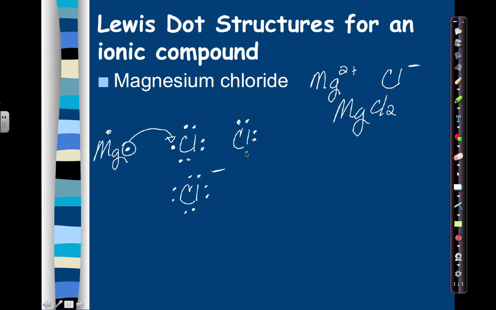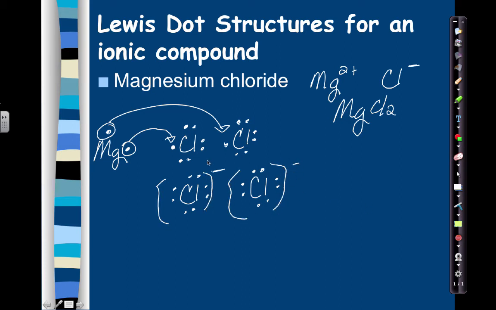And chlorine should have 7 valence electrons, like this one right here. And this electron can get transferred here. So then what I have is another chlorine ion. And now it has 8 electrons. And it has a -1 charge because it has an additional electron.